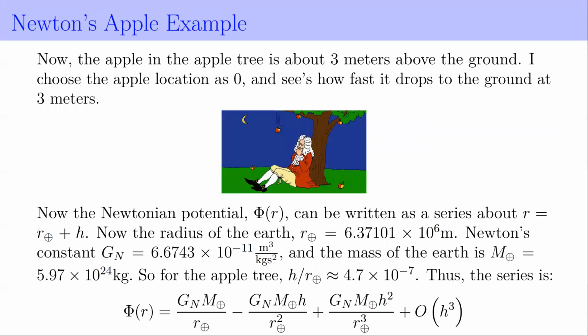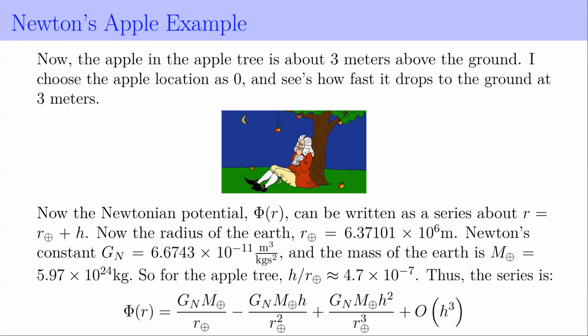So Newton's apple: he was supposedly sitting behind a tree and noticed an apple falling. An apple is usually roughly 3 meters above the ground. So I choose the apple location in the tree as 0, and we see how fast it drops to the ground at 3 meters.